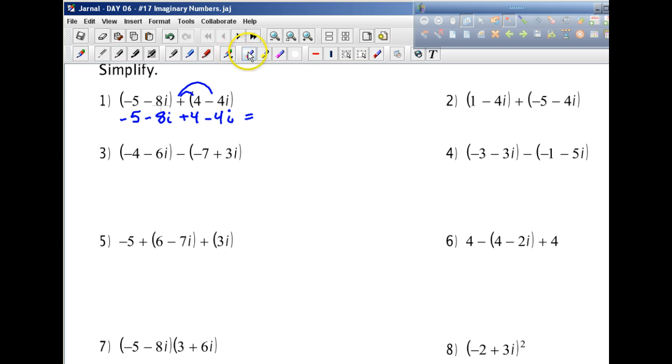In that case, that's called the real part, and we know that this is the imaginary part. We'll just add the reals together. Negative 5 plus 4, get negative 1. And then negative 8i, negative 4i, and we get negative 12i.